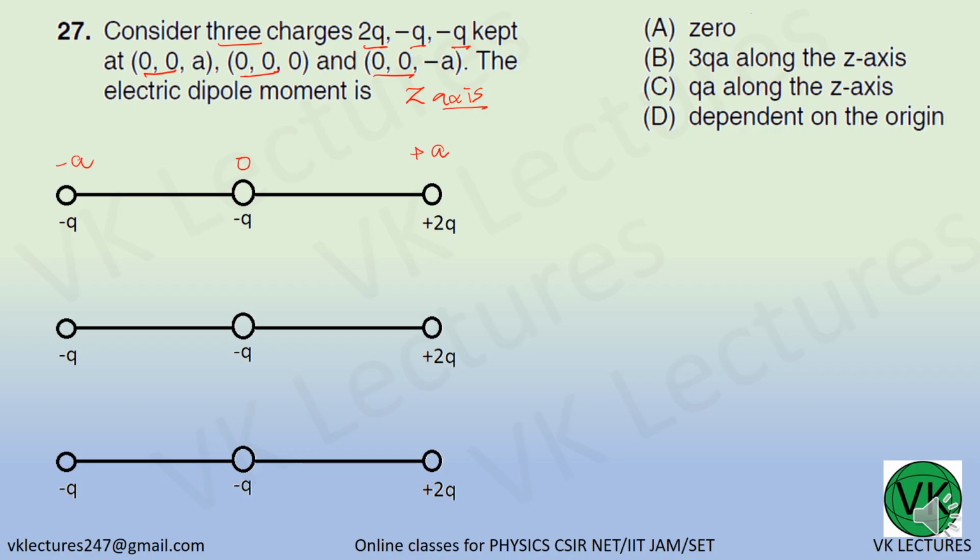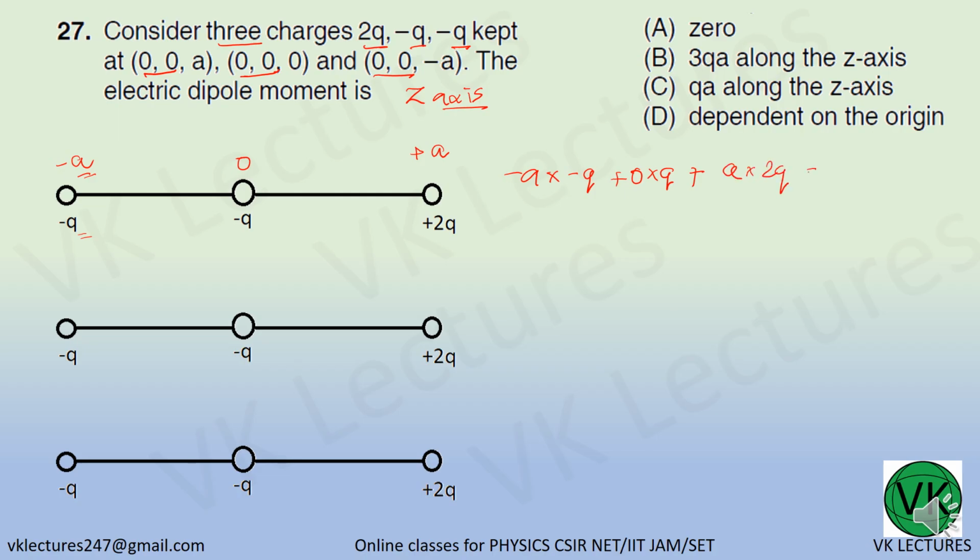Now how to find out the dipole moment? Just write its product: minus a into minus q, plus 0 into q, plus a into 2q.